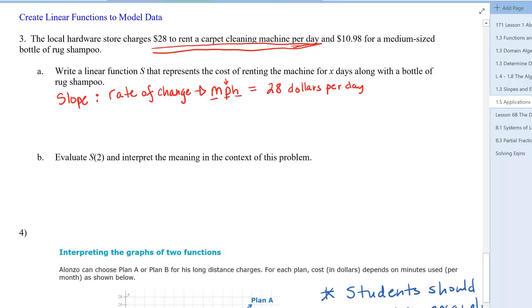Now in the linear model, f of x is equal to mx plus b. We know that m is our slope, b is the y-intercept. And remember that the y-intercept occurs when x is 0.